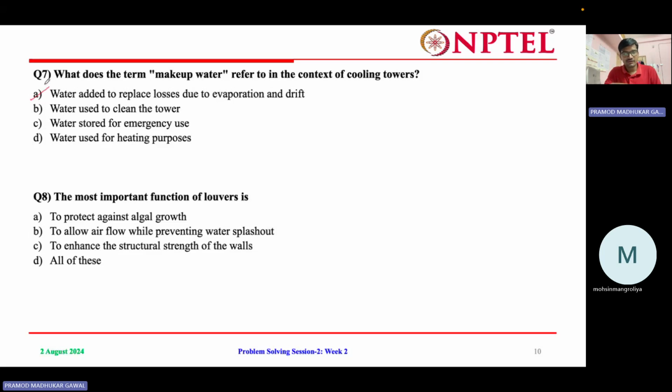Based on the MCQs, we get a clear idea about the cooling towers. The most important function of louvers is: to protect against algal growth, to allow airflow while preventing water splash out, to enhance the structural strength of the walls, or all of these. So here are the louvers, right?